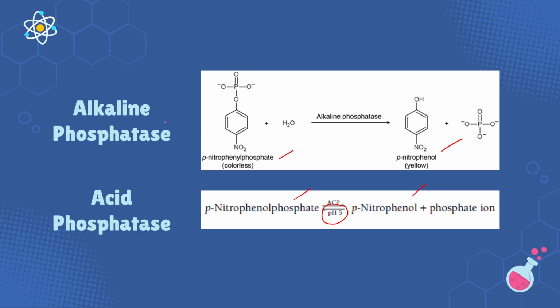Now, this test, kids, this reaction here in your ACP is what we call your Shinohara method. As you can see, there are 3 different methods that can be done with your ACP.